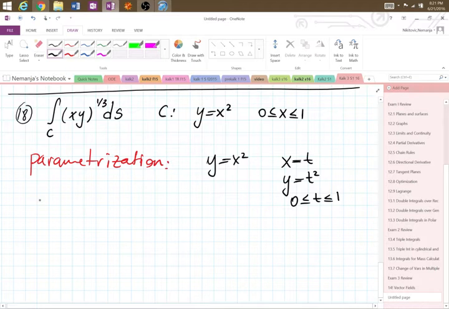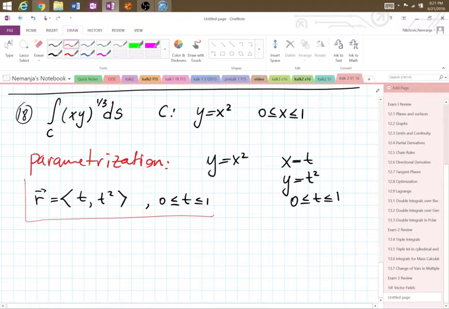So now our r is given as t comma t squared, 0 less or equal than t less or equal than 1, and that is our parametrization. I'll box it. Find r prime, find the magnitude of r prime, plug everything in, and be done.